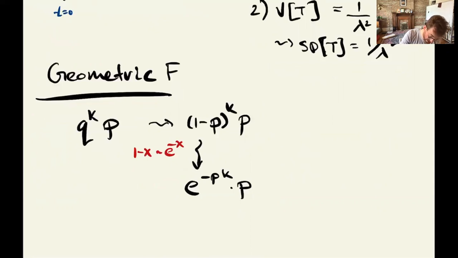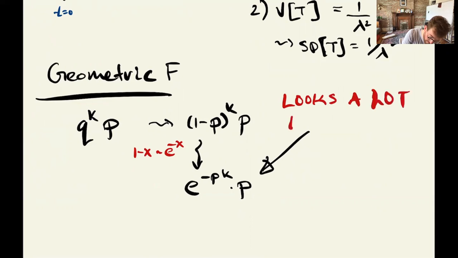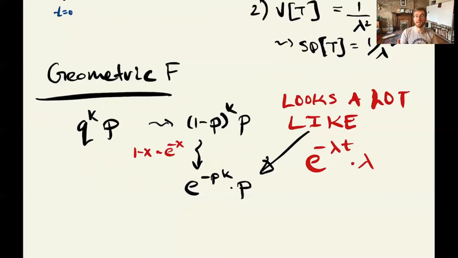which suddenly should look a lot like the formula e to the minus lambda t times lambda. Basically just need to match and say that p is lambda, and then you'll get the same formula, and that k is t. So with, let's say, p equals lambda and k equals t.